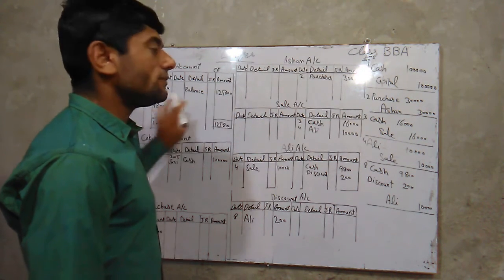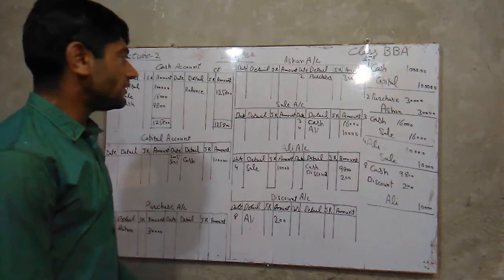This is our debit balance because the debit side is greater than the credit side.